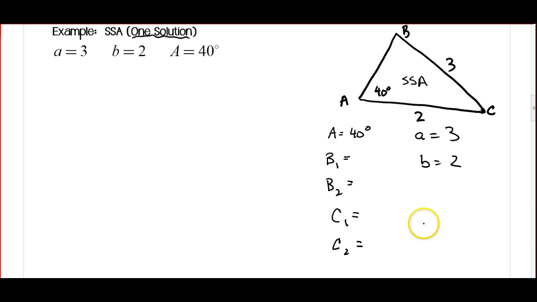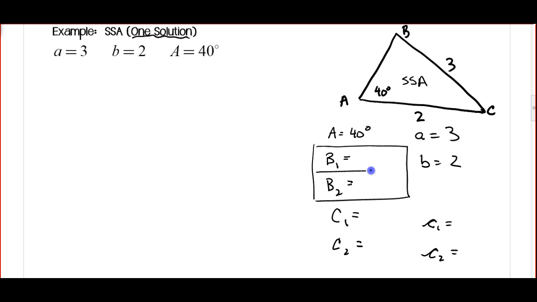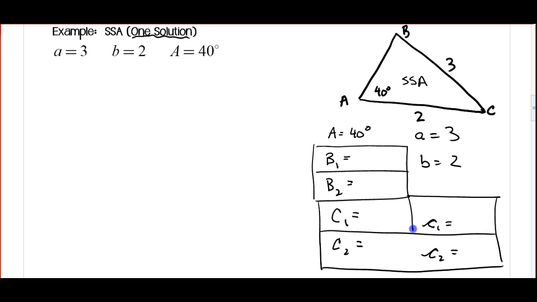Again, everything that's not given, there's a possibility that there'll be two of them, so side C1 and side C2. So these are the things that we are going to attempt to find. Alright, so I'm given side A and angle A, and I'm given side B, so I'm going to attempt to find angle B first.